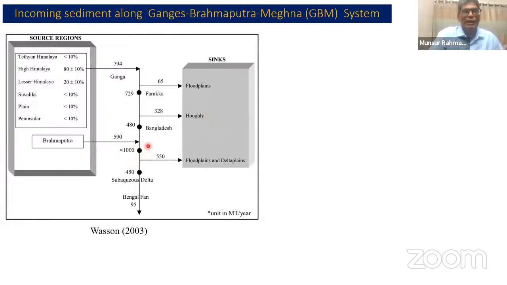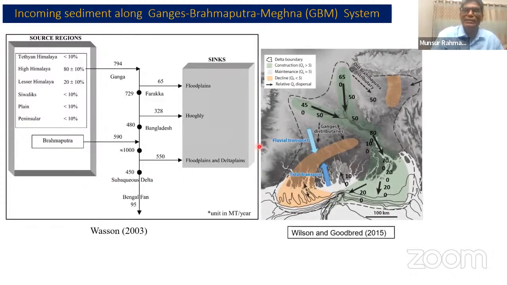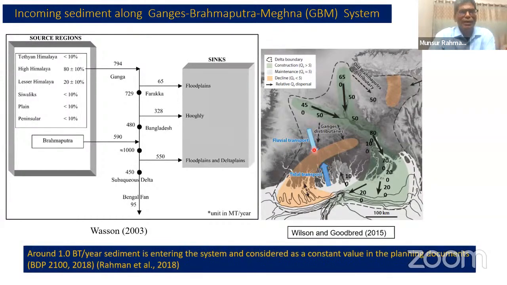At some point we are using 1 billion metric tons from the earlier works, and more recently a similar scale of sediment, with schematic sketches of how these sediments are sinked and delivered to the system, and which areas are over-sedimented and which are under-sedimented, have been conceptualized. In most of the planning documents, we use 1 billion metric tons per year of sediment coming to the system.